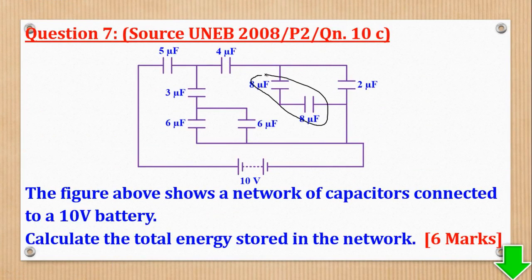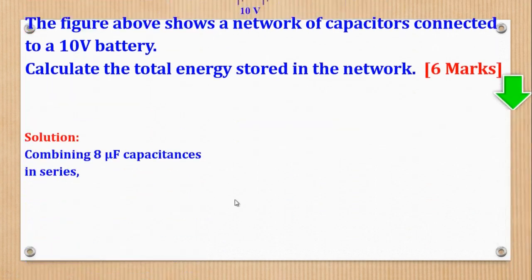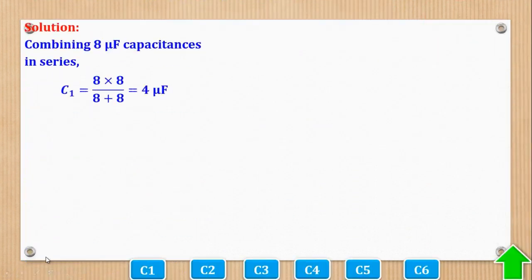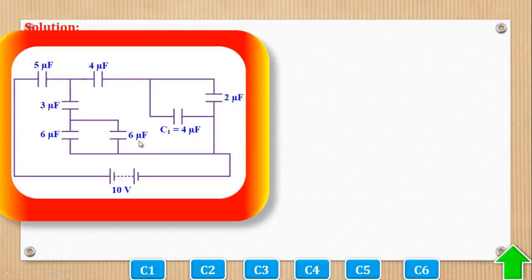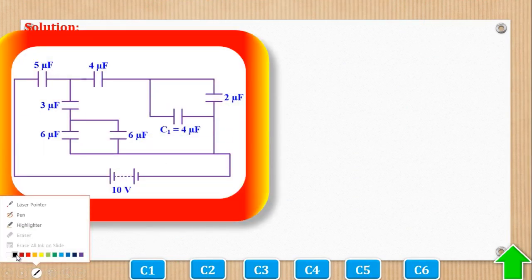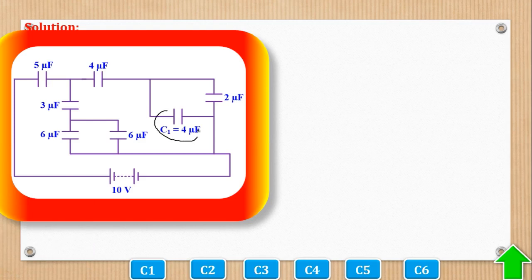So we are going to combine them into one. So series, it will be product over sum to give you 4 microfarads. So what does that mean? It means that now these which were 2 have now been reduced into one capacitance, which is 4 microfarad.